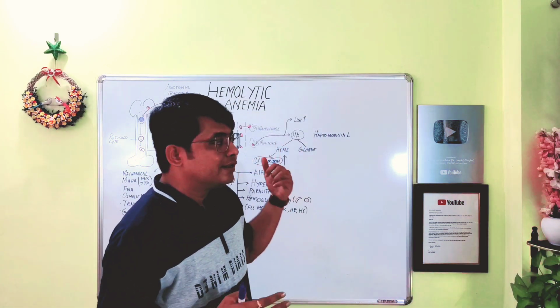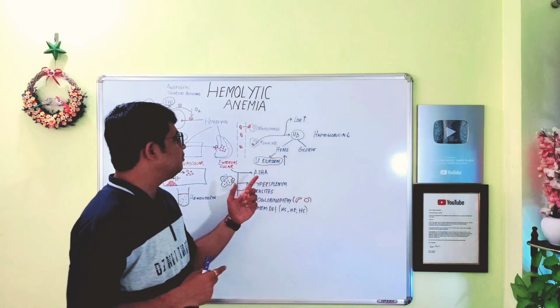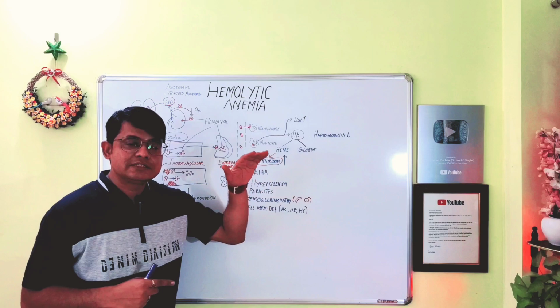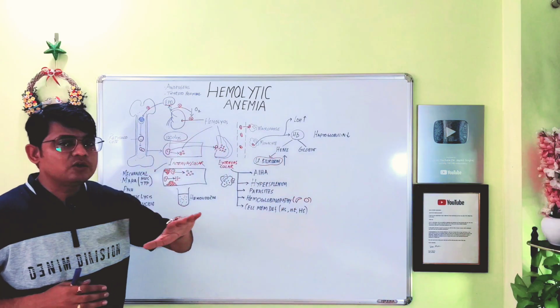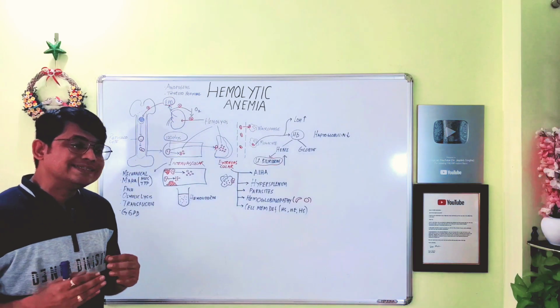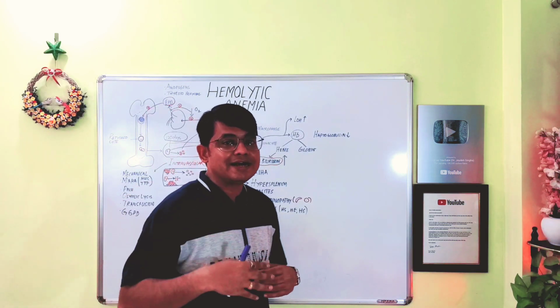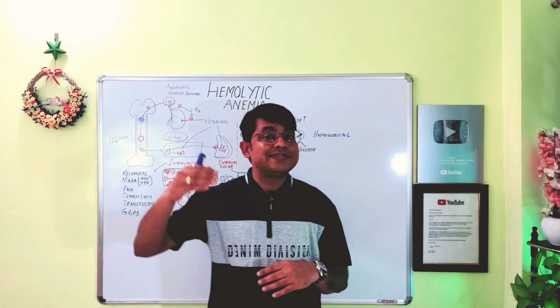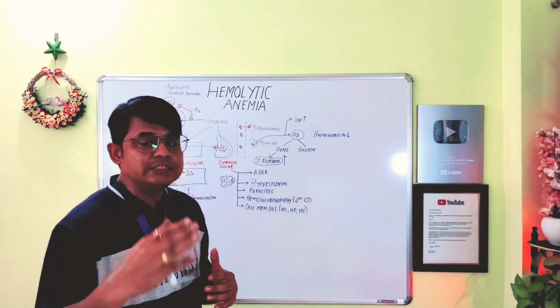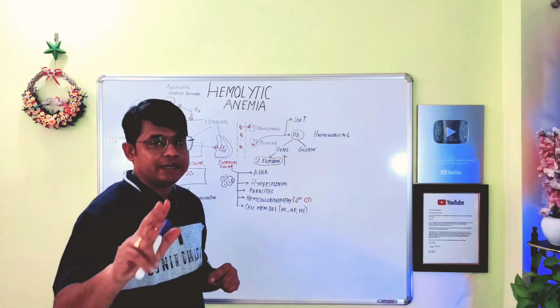That means in case of hemolytic anemia, on an average, RBC stays in the circulation for as low as 20 to 30 days. So there is a drop in the count of RBC. So there is also a drop in the amount of hemoglobin, and that leads to hemolytic anemia.